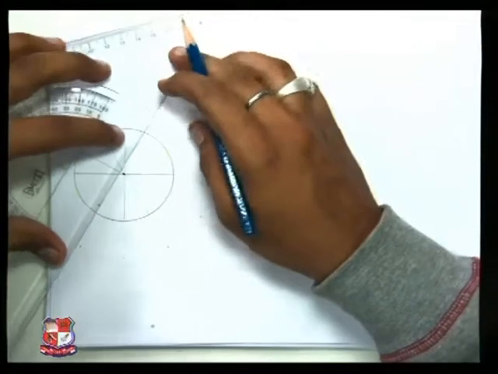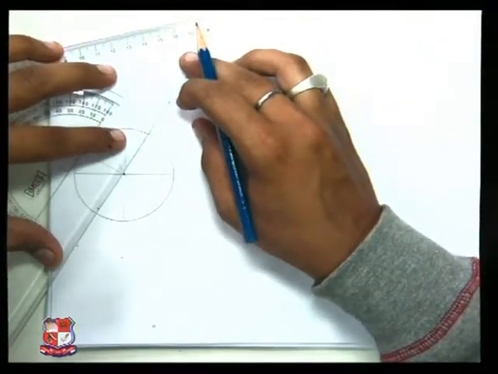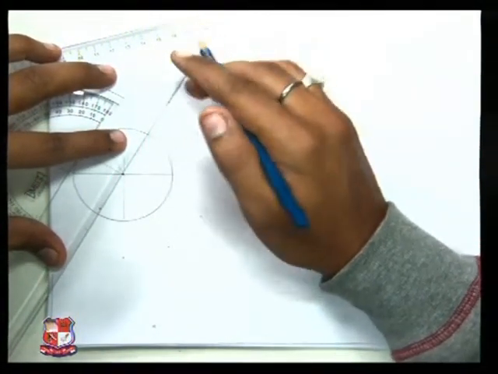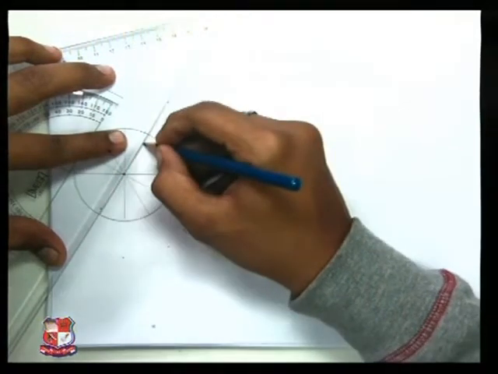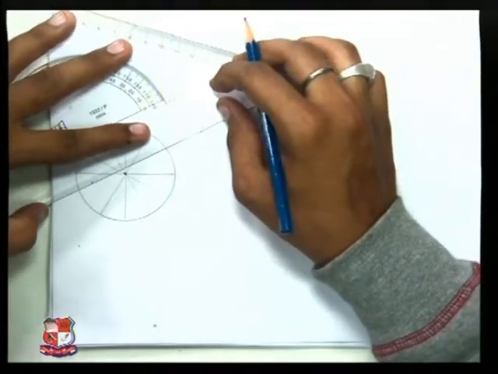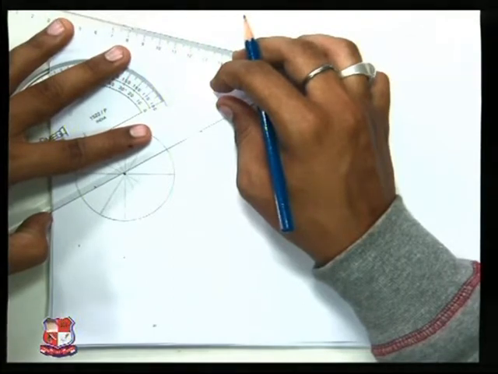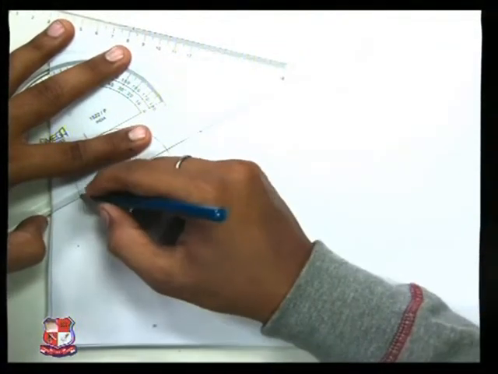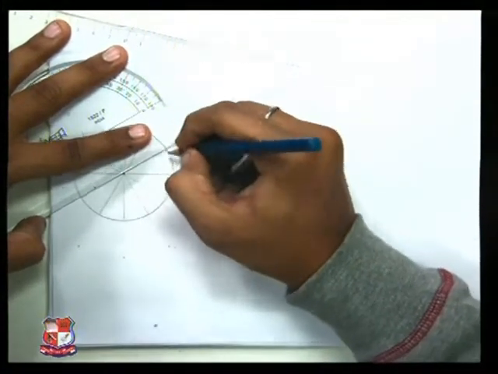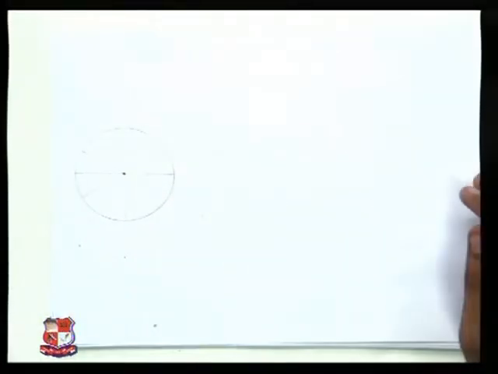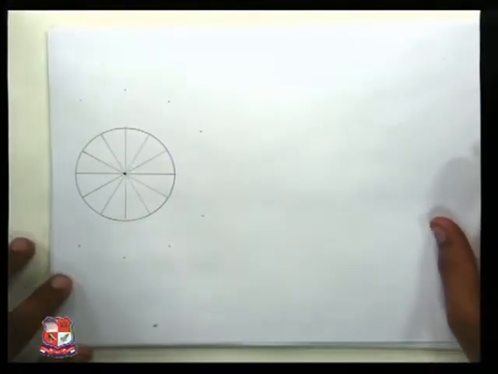Make sure that all the lines are passing through the center point. We have got the 12 divisions.